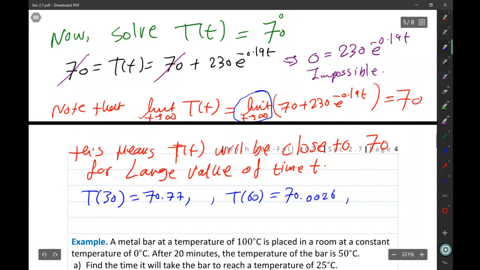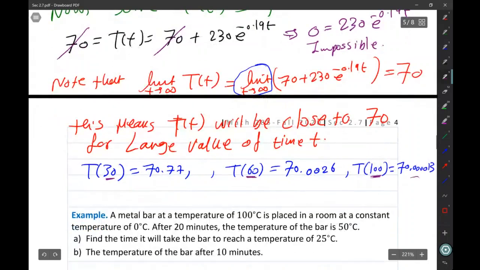Now, if you take T of 100, it becomes 70.000013, which means that if you increase the time t, you will see that this fraction becomes very close to 0. So the temperature becomes very close to the temperature of the room, which is 70 degrees.